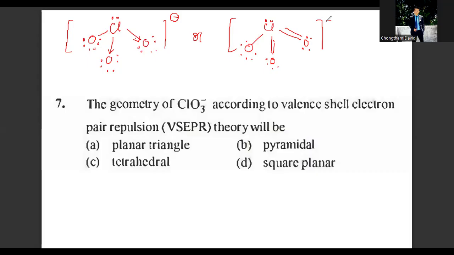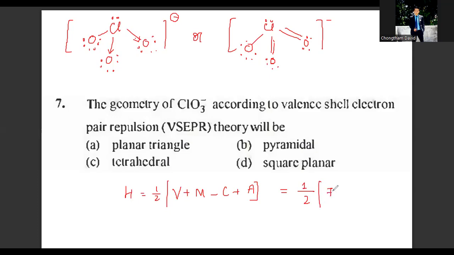Now this central atom is going to be in which hybridization? I will give you the formula to find hybridization. Half of the sum of valence electrons of the central atom, monovalent atoms, cation charge plus anionic charge. So as you can see from this given structure, the central atom is chlorine.